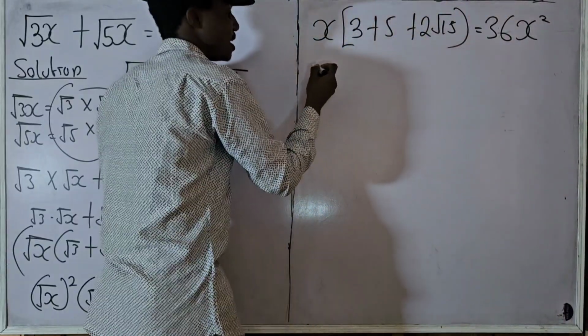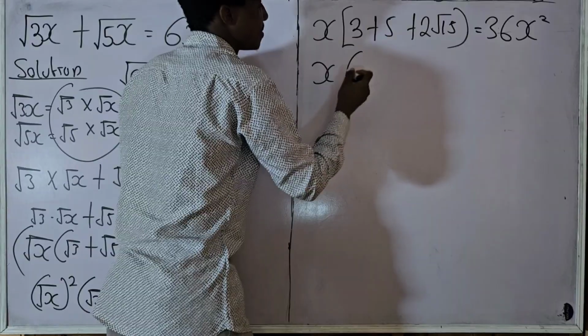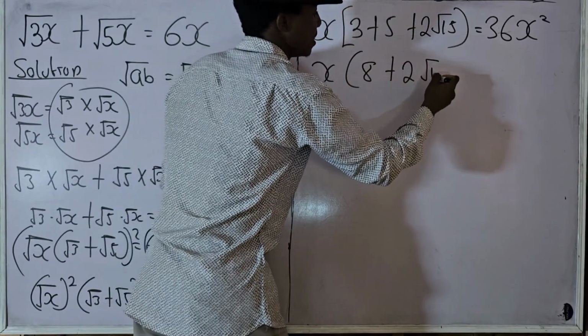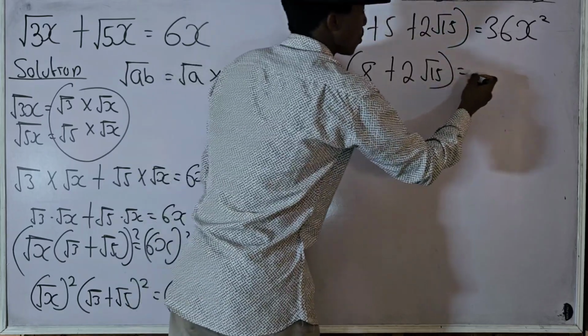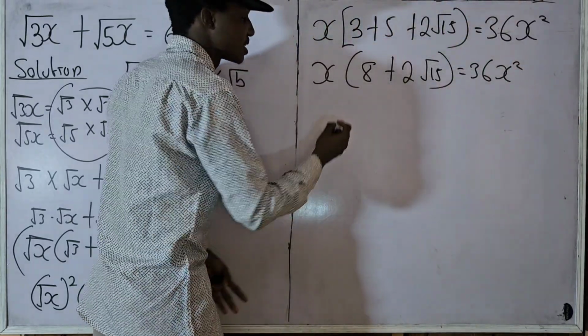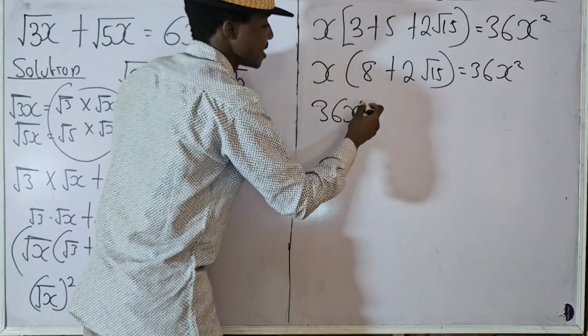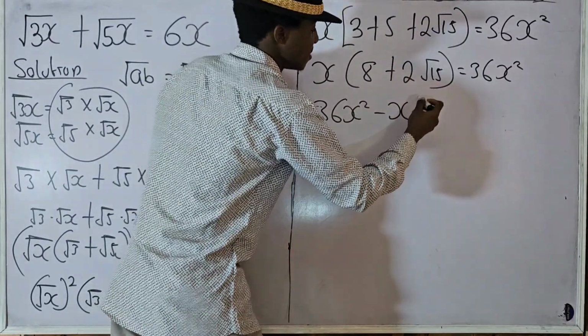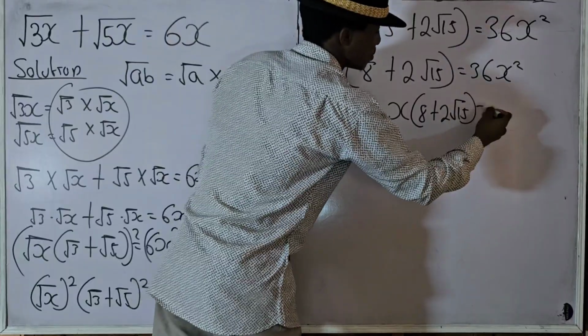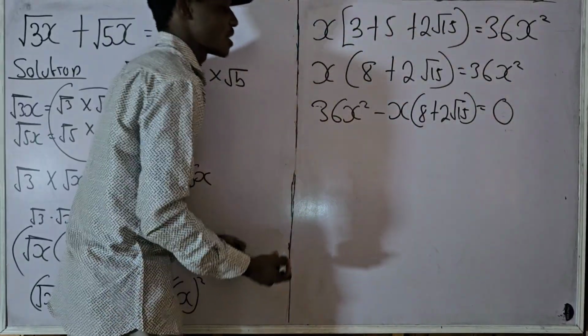Okay, so this will be x multiplied by 5 plus 3, that is 8, plus 2 root 15 equals 36x raised to the power of 2. Okay, the equation can be written as 36x squared minus x multiplied by 8 plus 2 root 15, right? This will be equals to what? 0. Okay, factorize out x.